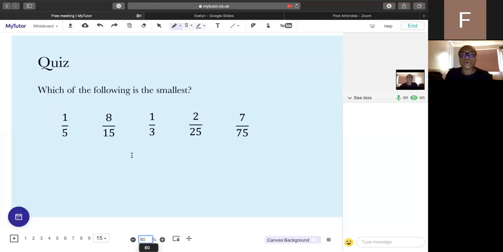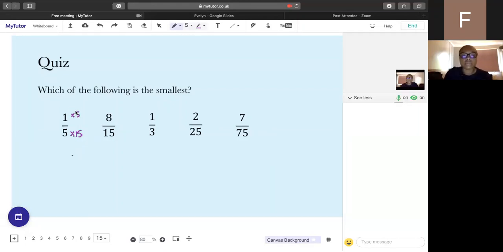So all of the denominators, 5, 15, 3, 25, and 75, are all factors of 75. So to get to 75 from 5, you need to multiply by 15. So we're going to do 5 times 15 and 1 times 15.